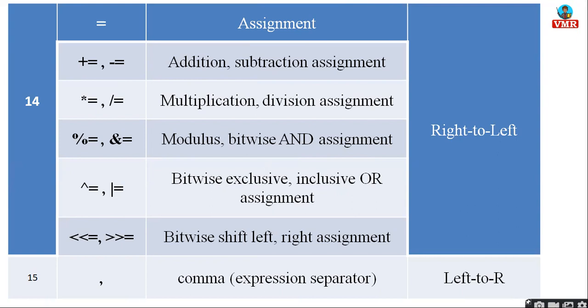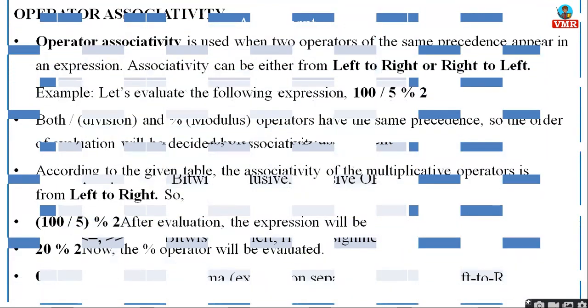All these assignment operators have associativity from right to left. And finally you have the comma expression separator, whose associativity is from left to right.